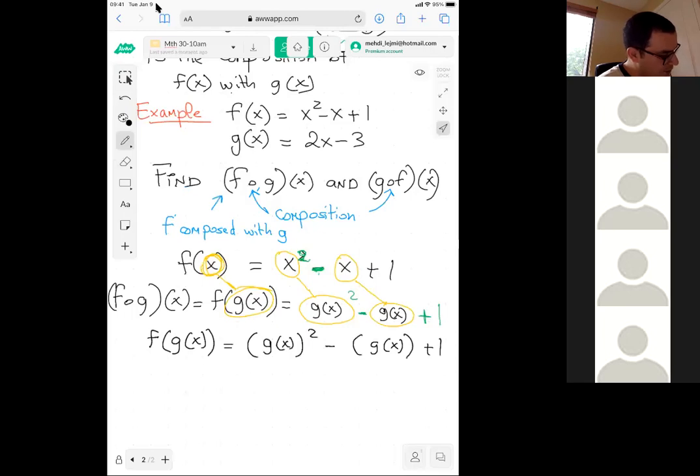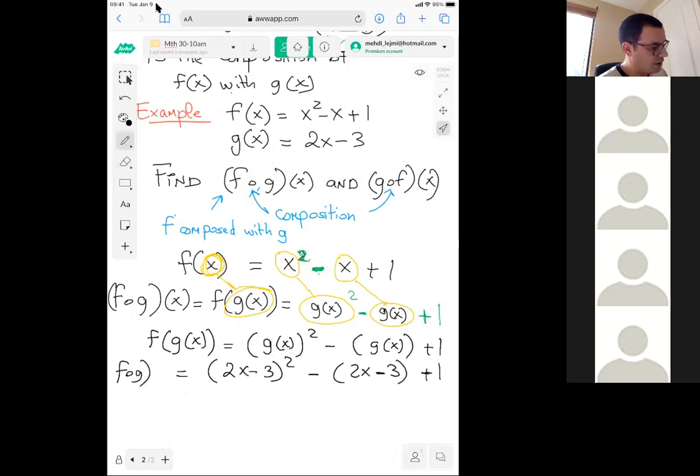So now let's just replace g of x. g of x is 2x minus 3, right? So it's like 2x minus 3 squared minus parentheses 2x minus 3, and then there is a plus 1. So again, that's my f composed with g.